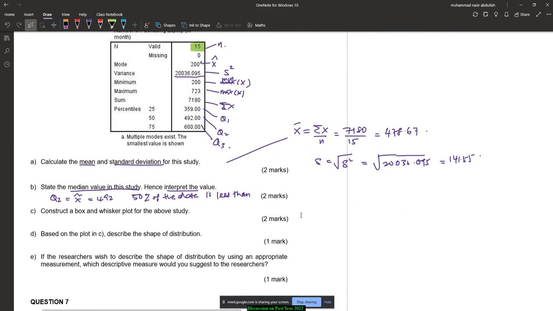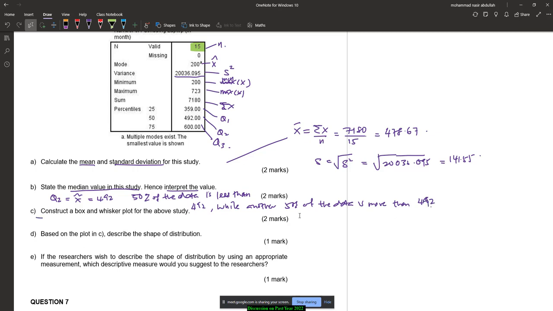Number of laptops purchased, is less than 492, while the other 50% of the data is more than 492.